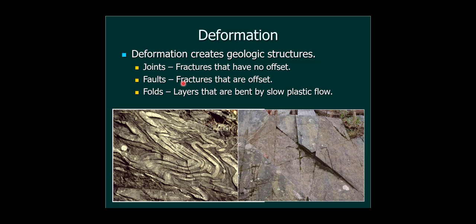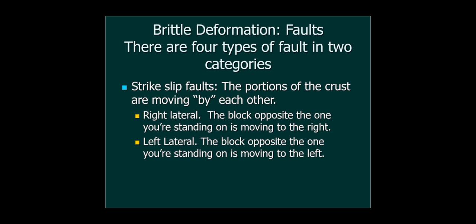But let's turn our attention to faults. We have four different kinds of fault that we're going to put in two different categories. The first category are what we call strike-slip faults.